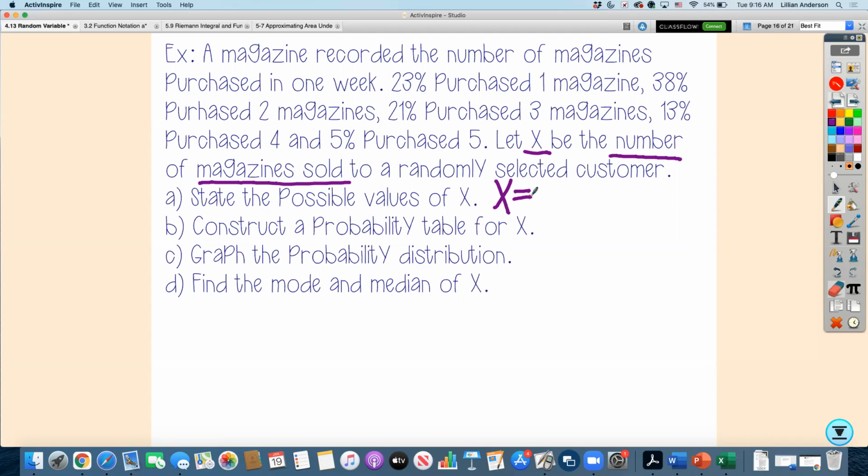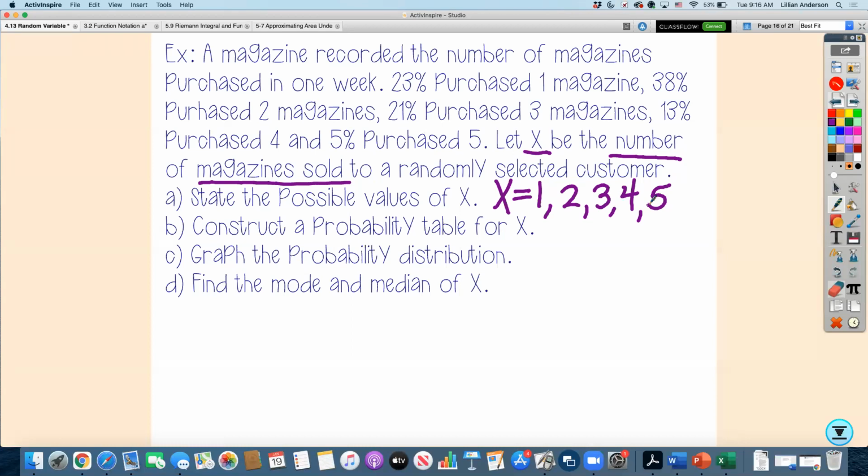When I go back and reread that paragraph, it said a magazine recorded the number of magazines purchased in 1 week. 23% purchased 1 magazine, 38% purchased 2, 21% purchased 3, 13% purchased 4, 5% purchased 5. And if X is the number of magazines sold, X is equal to what? 1, 2, 3, 4, 5? Yes, 1, 2, 3, 4, 5, because that's the number of magazines they sold.